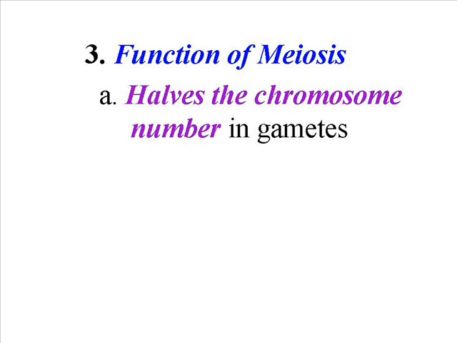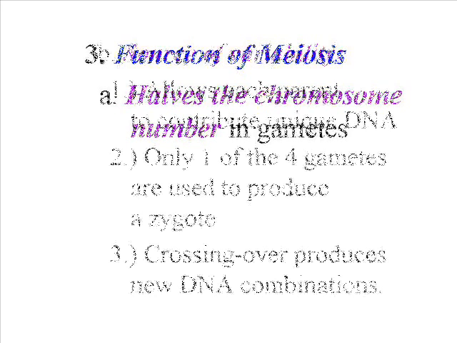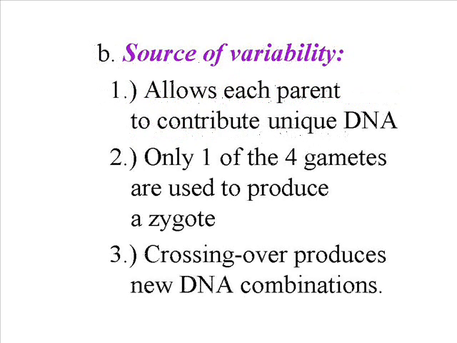Well, you have to think in terms of what an organism needs in order to function. An organism needs a full set. If each organism only carried out mitosis, then let's assume your parents only had mitosis and your dad's sperm and your mom's egg had a full set of chromosomes in it. That means you would have a double set of chromosomes, 46 from mom and 46 from dad, and you'd have 92 chromosomes.